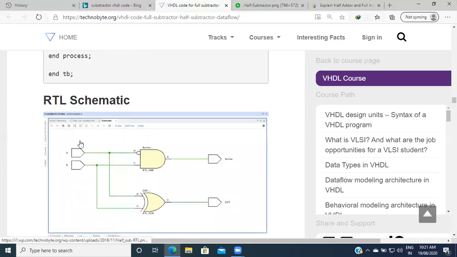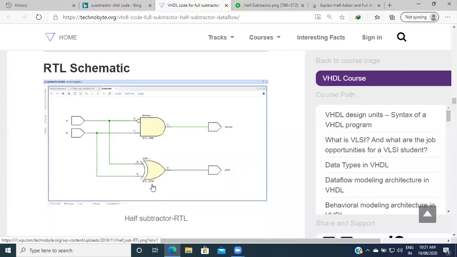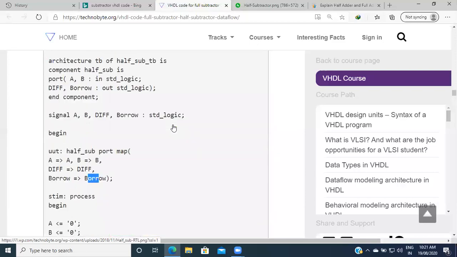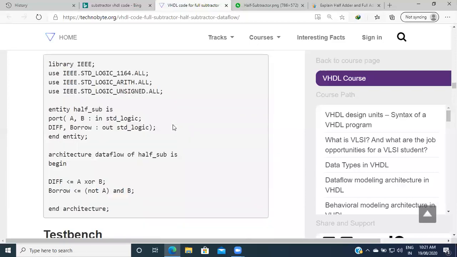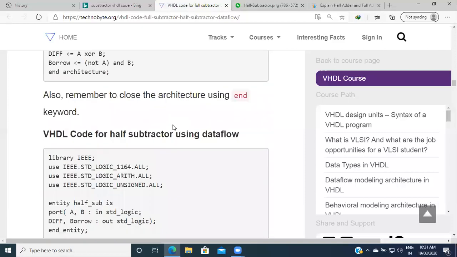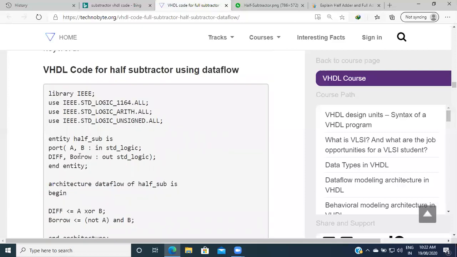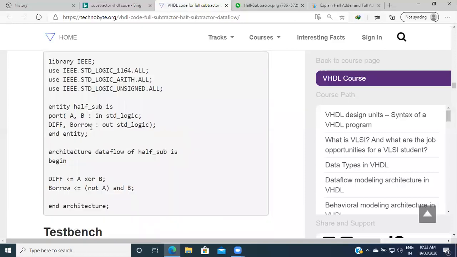Here is the register transfer logic level semantic of this half subtractor. In that half subtractor, we have an AND gate, but here we take not A, because of the output of that AND gate. So here we have defined the code for this half subtractor. The output is DIFF.